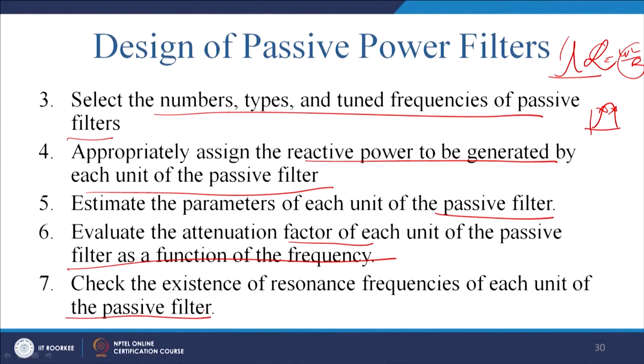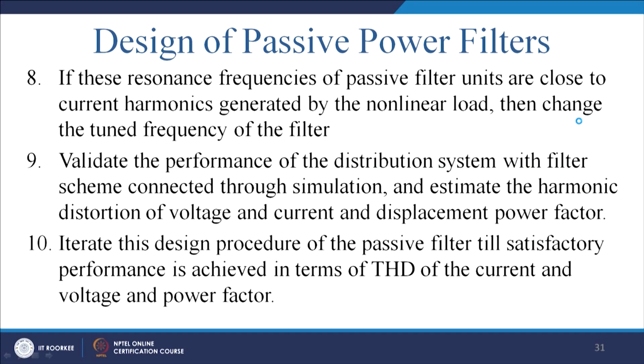Check the existence of the resonance frequency of each unit of the passive filter, whether it is close to the Q point or not. One may be matching, but its Q point may not be matching, because it may be tuned to the 6th harmonic when you want to compensate the 5th and 7th. The resonance frequencies of the passive filter units should be close to the harmonics generated by the nonlinear load.